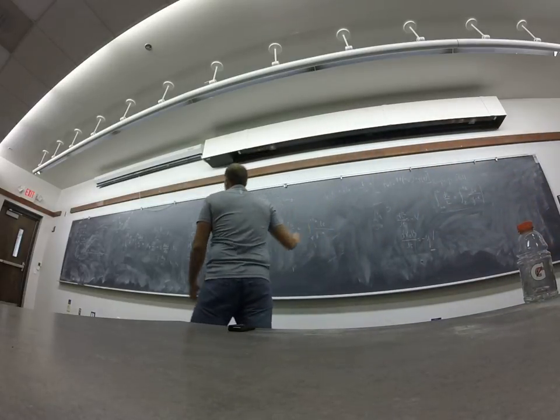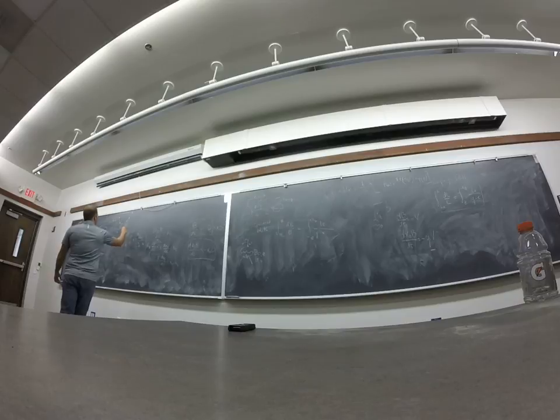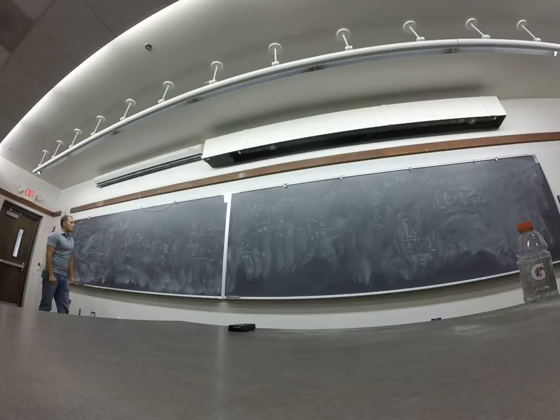You graph it, so this would be whatever this is, f of A, and then this would be XB. If you're doing it graphically, you can just estimate.